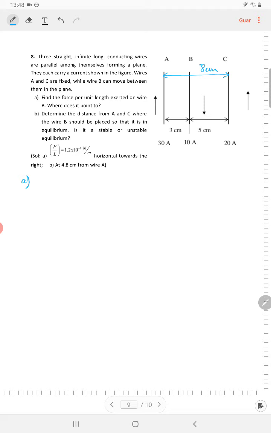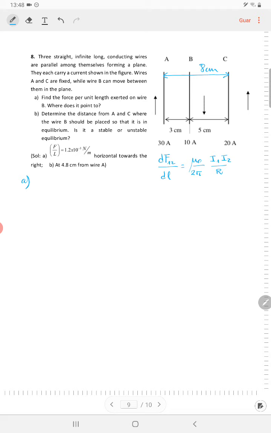Okay, so before getting into that, we have to remember that if we have 2 wires, parallel and infinitely long, wire 1 and wire 2, the force per unit length that the first one exerts on the second one is equal to mu sub 0 divided by 2 pi times the current of the first one, the current of the second one, and divided by the distance between them.